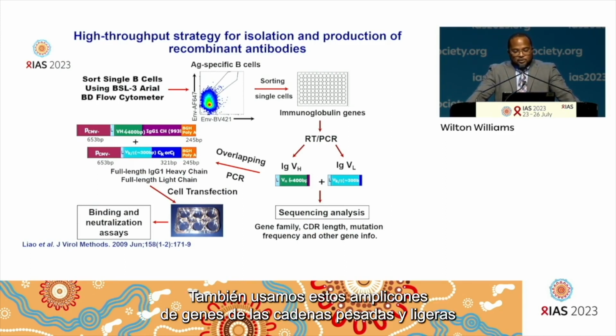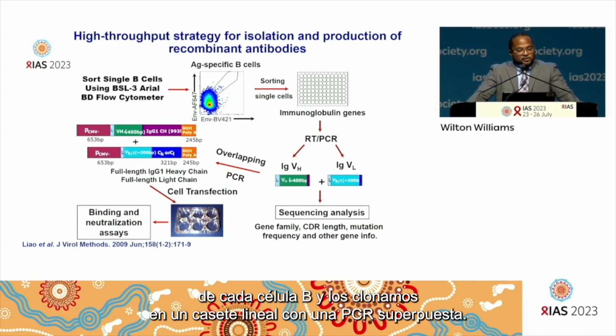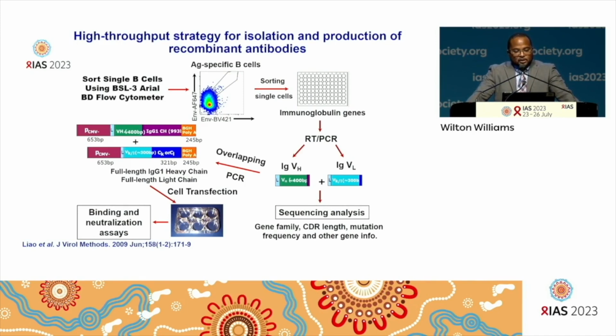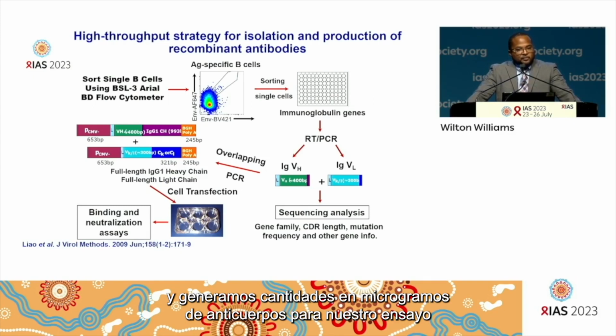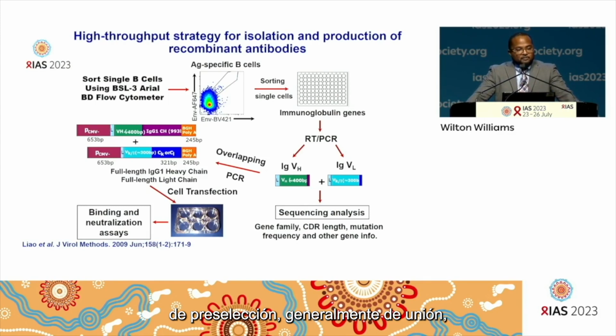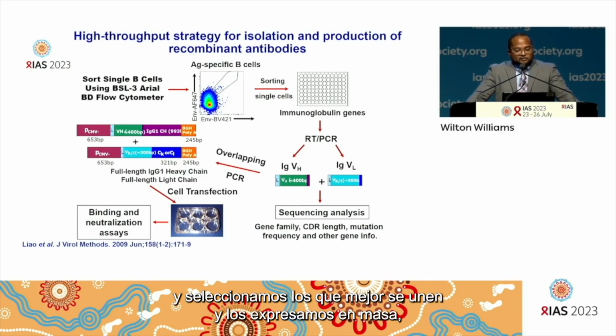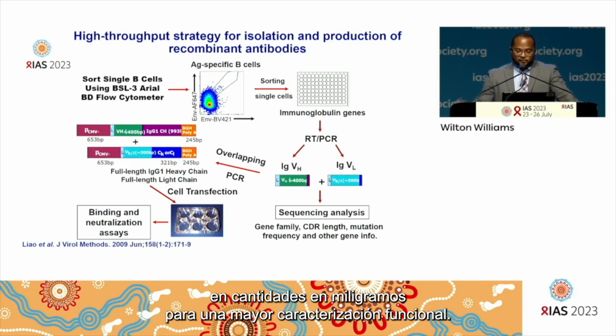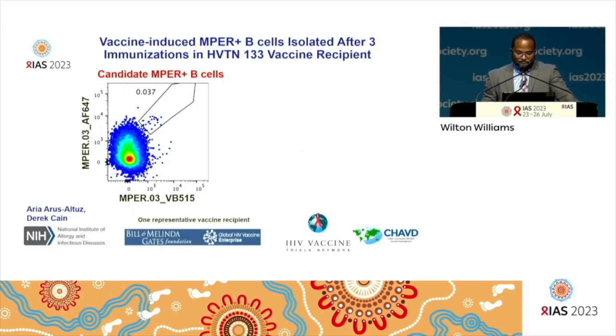We also use these heavy and light chain gene amplicons from each B cell and clone them into a linear cassette using overlapping PCR. Using these linear cassettes, we can transfect 293 cells in 6-well plates, so we generate microgram quantities of antibodies for a pre-screen assay, which is generally a binding assay, and we select the best binders and express them in bulk in milligram quantities for further functional characterization.